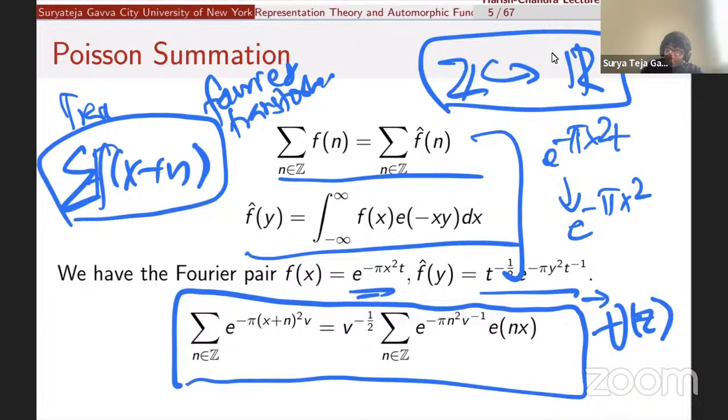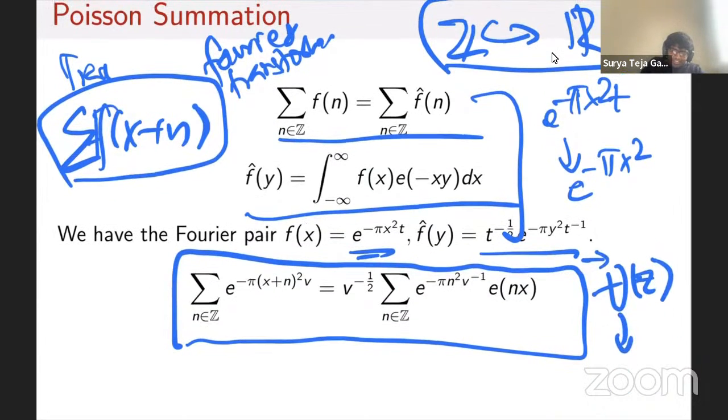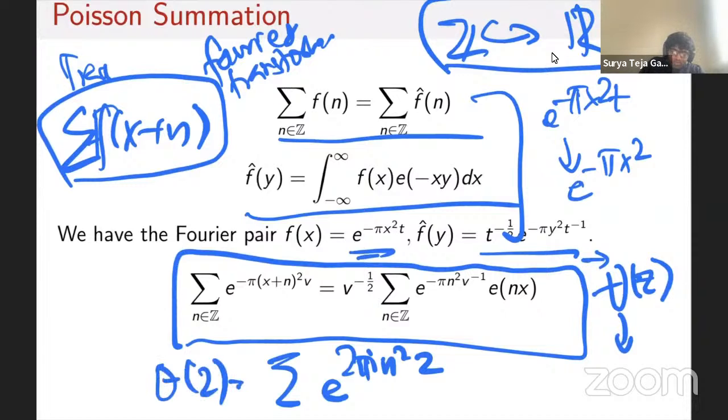Once you have that, theta series is this series, the sum of e to the 2 pi n squared z. You can get some interesting relations on theta z. In fact, you can prove that theta z is a modular form of some kind.